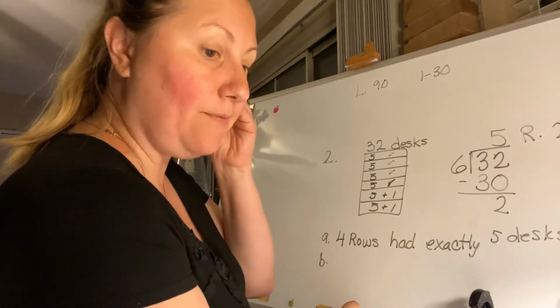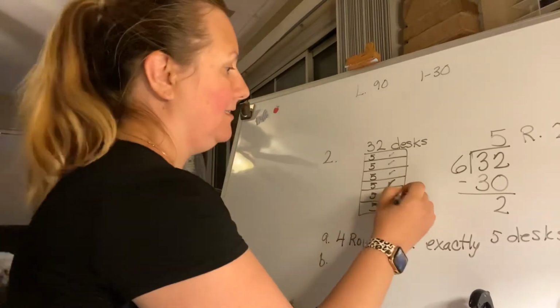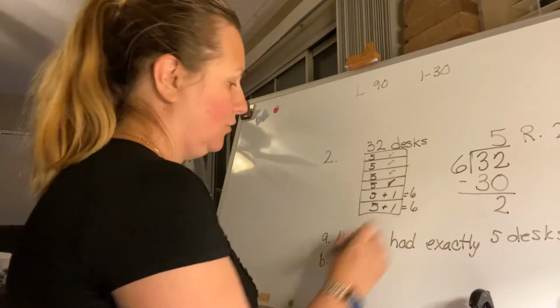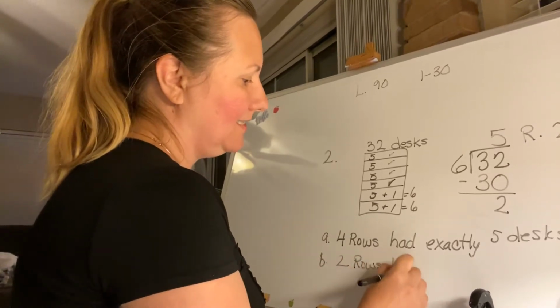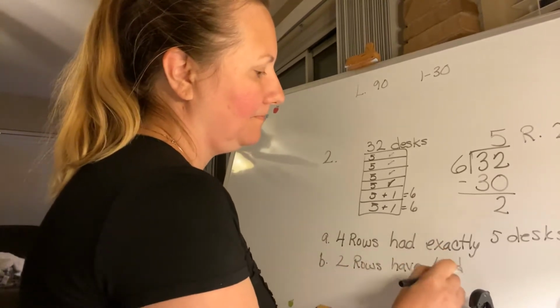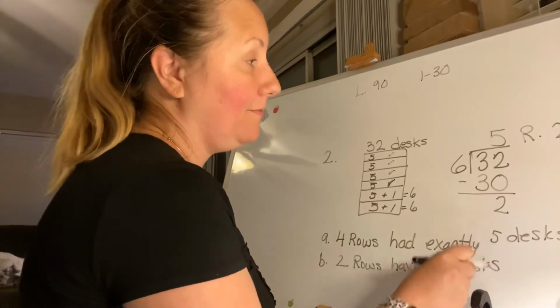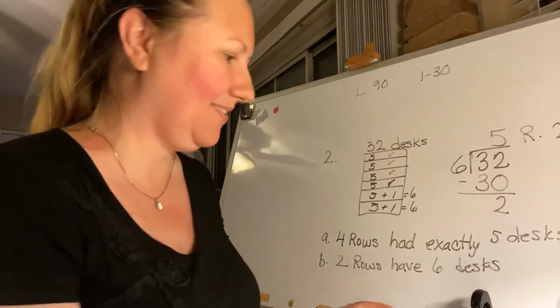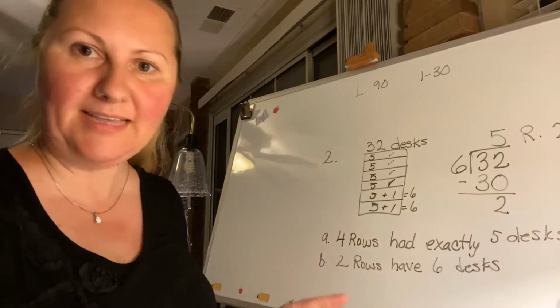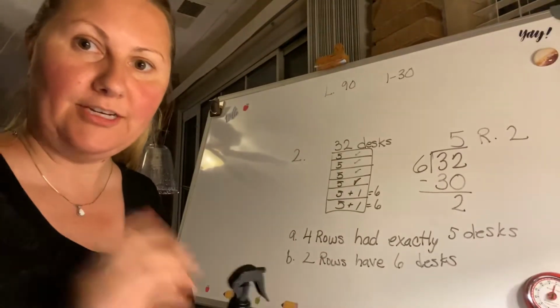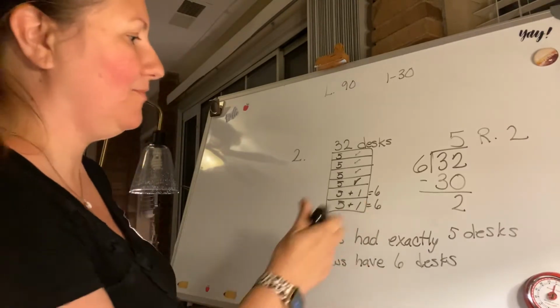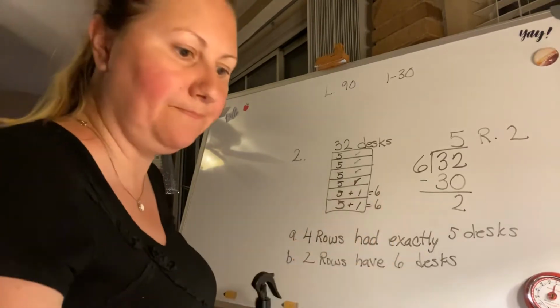So B says how many rows had 6 desks? 2 rows have 6 desks because there's a couple of extra kids. All right, so pause that if you haven't written that down just yet. Let me make sure you can see that okay. And I'm going to erase and continue on.